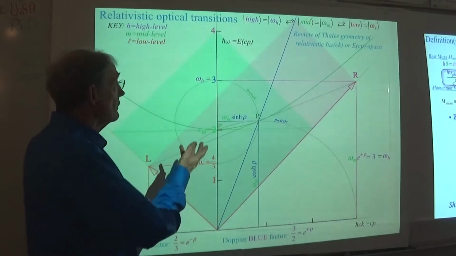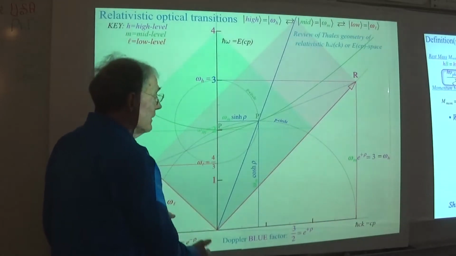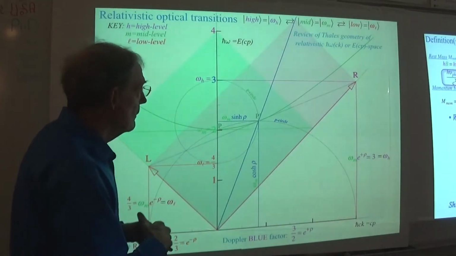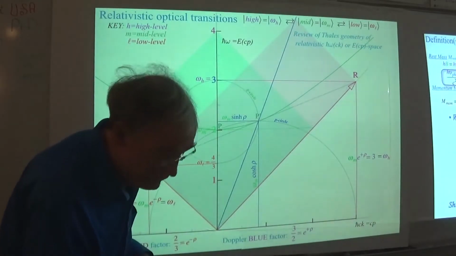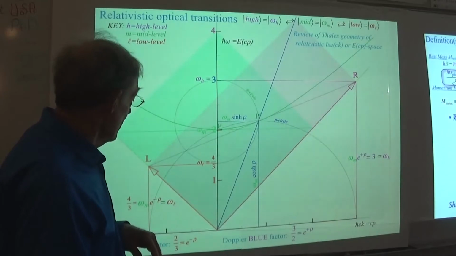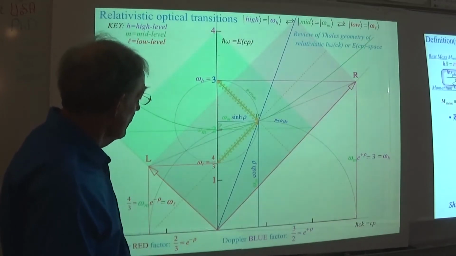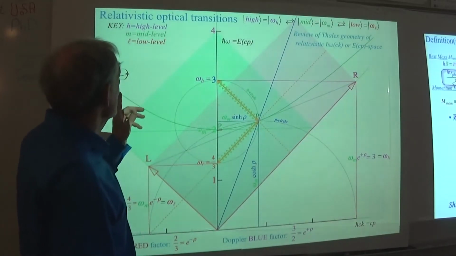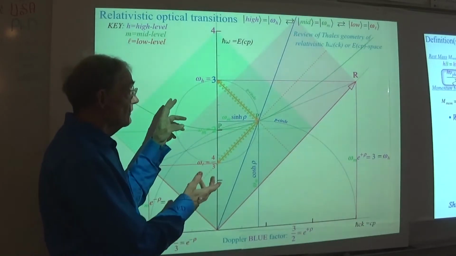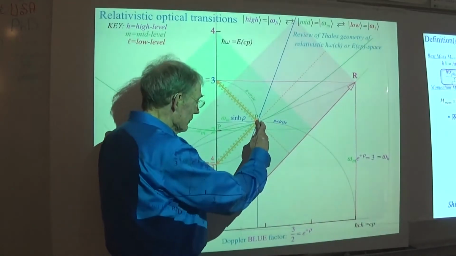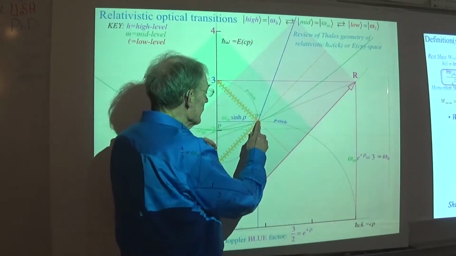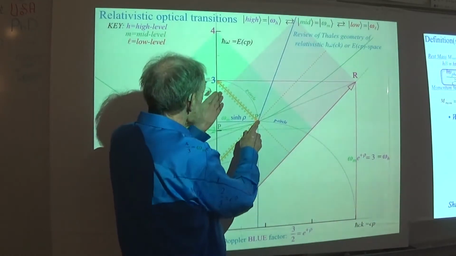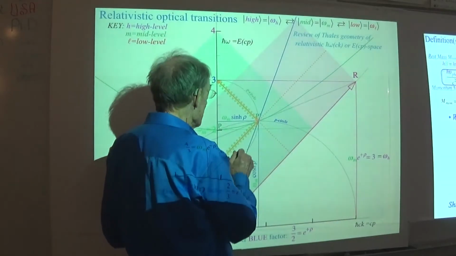But here I have a three-level case just to make a story that involves three levels, which is what Compton scattering does involve. But I'm only going to do a transition that involves this guy. The basic idea here is I could go from this particular state, what I could do is let a photon go, okay?